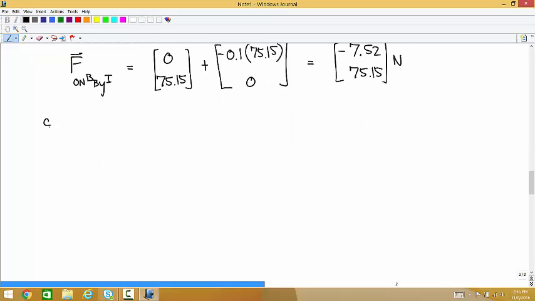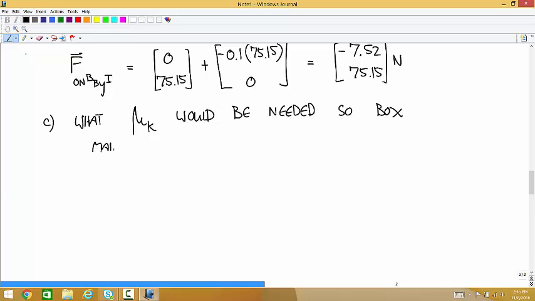Okay, here's part C. What coefficient of friction would be required so that the box maintains a constant speed?